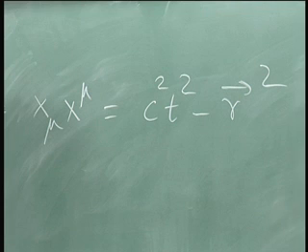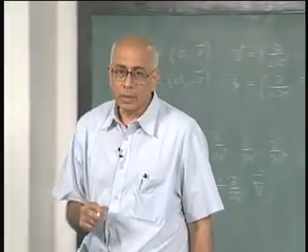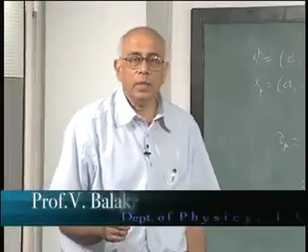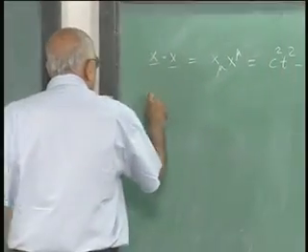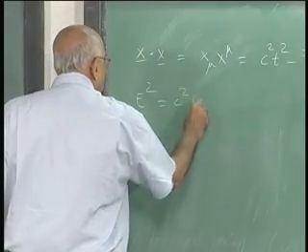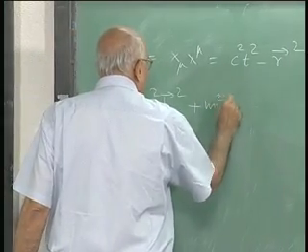You are familiar with the fact that the energy and momentum of a relativistic particle are related to each other by a relation for a free particle, which is different from the one you have in non-relativistic mechanics, and you in fact know that the relation is E² = c²p² + m²c⁴.